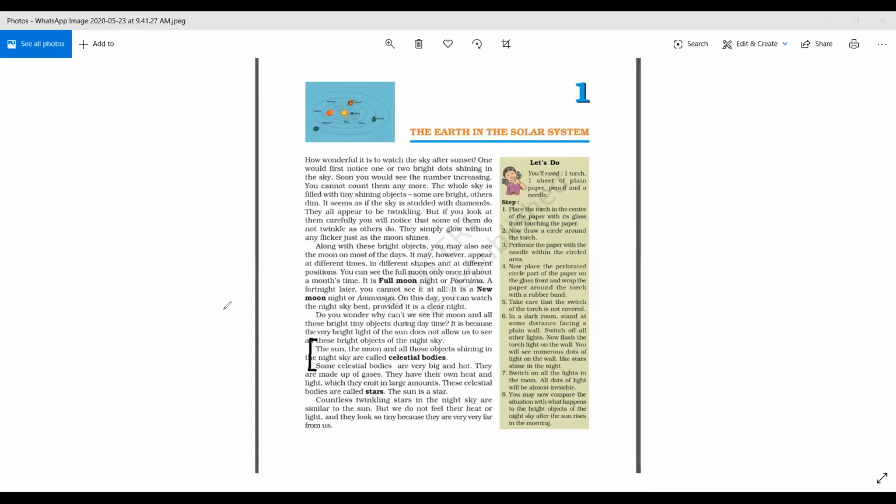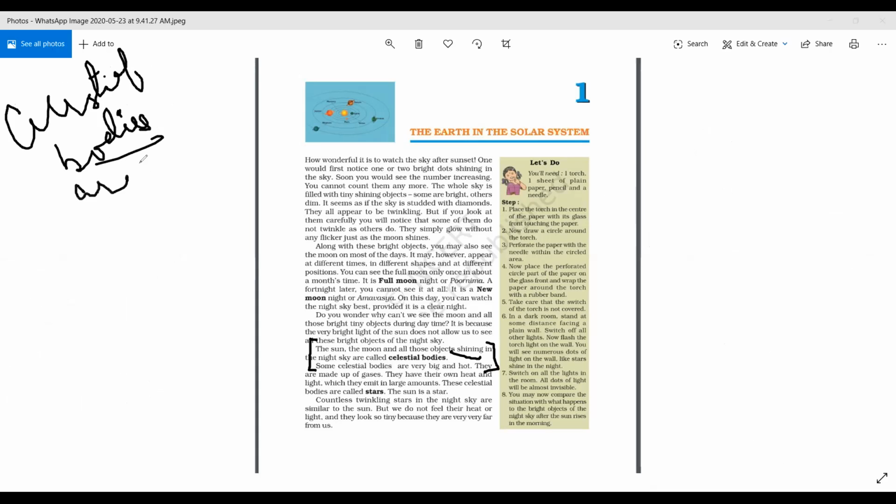The sun, the moon, and these objects shining in the night sky are called celestial bodies or heavenly bodies.